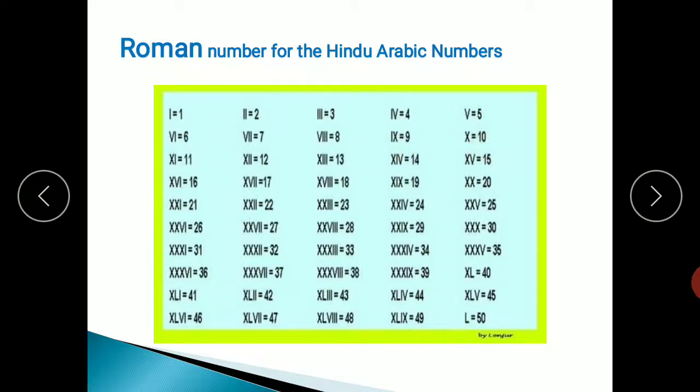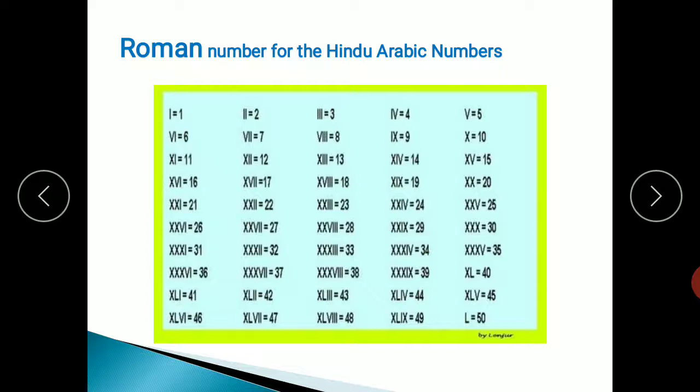I want to take this X 3 times. XI is 11, XII is 12, XIII is 13. How to write 14 now? X means 10, 4 means IV, so XIV. I want to write 15: XV.